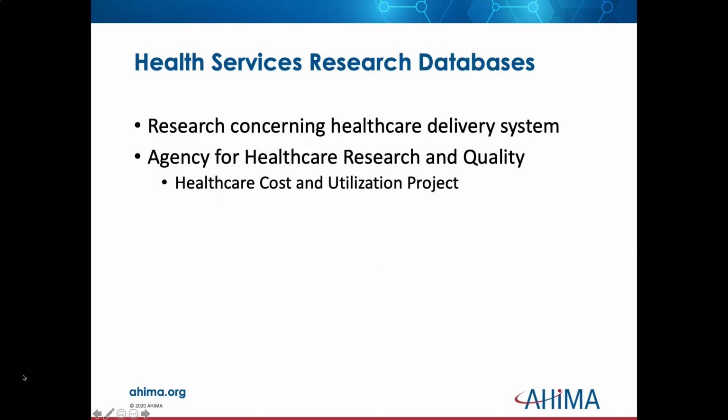And then there's the health services research databases. These have information for research concerning healthcare delivery system. If you haven't already, as you go through the program, we'll definitely talk about AHRQ, Agency for Healthcare Research and Quality, and they have healthcare cost and utilization projects.